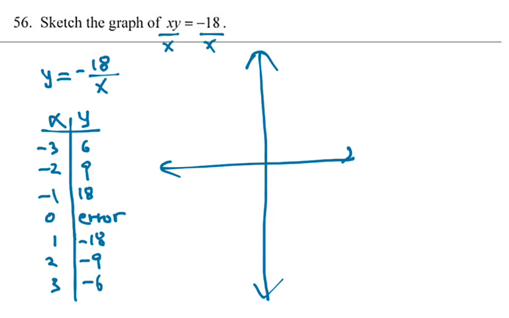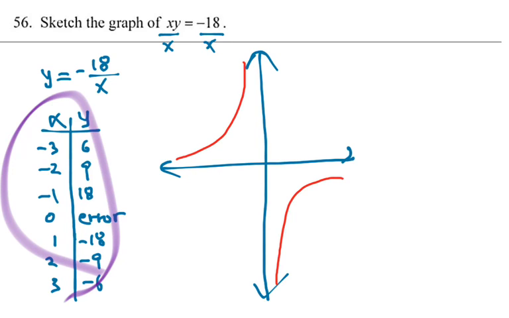And then if you look at your graphing calculator, the sketch would look something like this. All the values that we talked about earlier will be placed in that sketch. So the first point could be negative 3, comma 6, and second point negative 2, comma 9, and third point would be negative 1, comma 18.